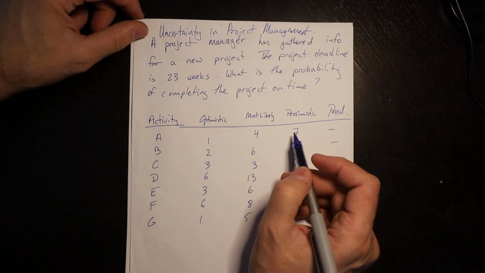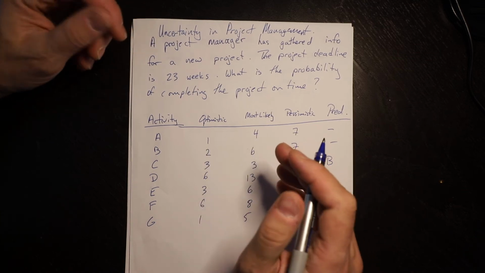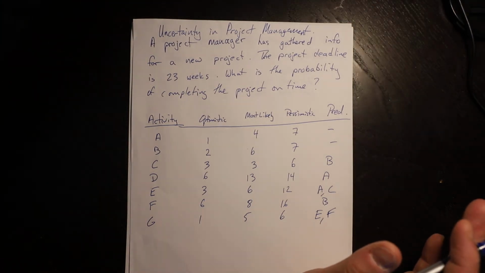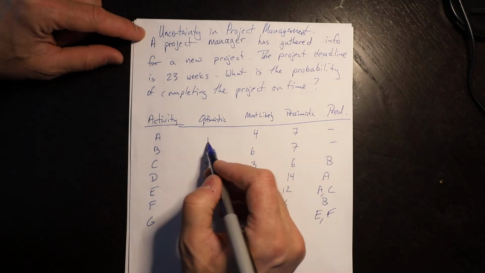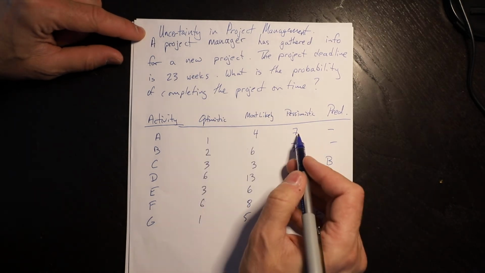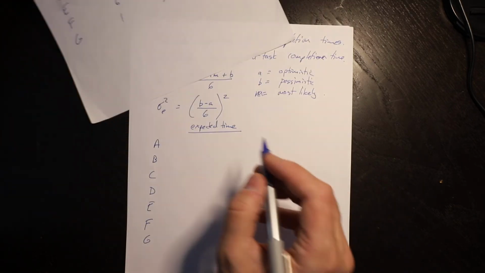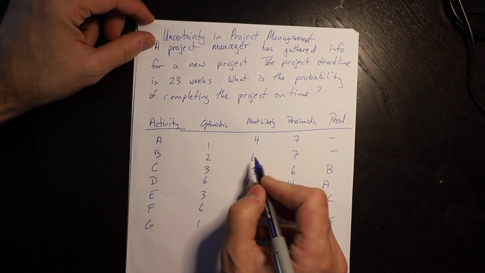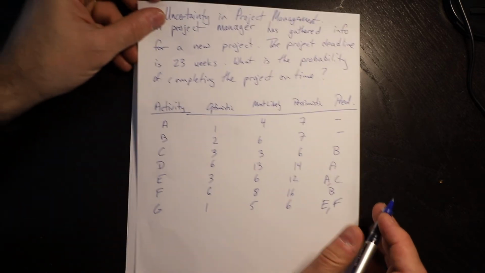One little trick that's always worth remembering is that if optimistic and pessimistic are symmetrically around the most likely, you can just pick the most likely. So here you have 1 to 4 is 3, 4 to 7 is 3, and so in that circumstance we know the weighted average will just give us a 4. For B, it's not symmetric, so we would do (2 plus 4 times 6 plus 7) divided by 6.